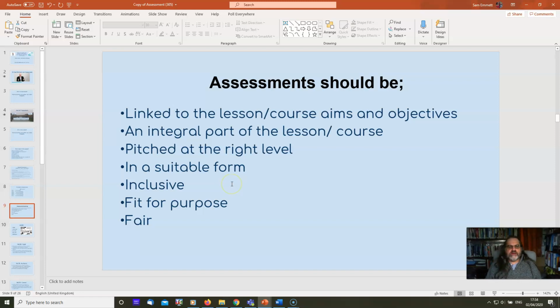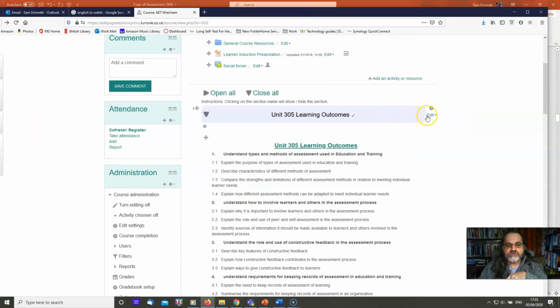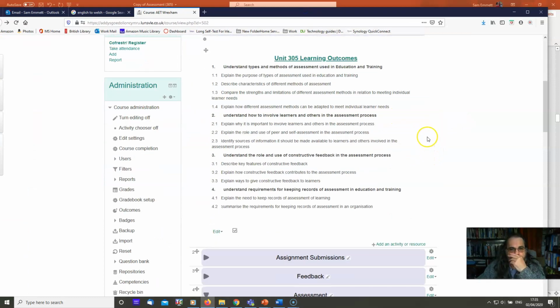So, assessments should be linked to the course aims and objectives. The whole point about this is that you will understand this. For example, one of the learning outcomes on this course is, I'll just pull them up across here actually, for this one here: understand how to involve learners and others in the assessment process.